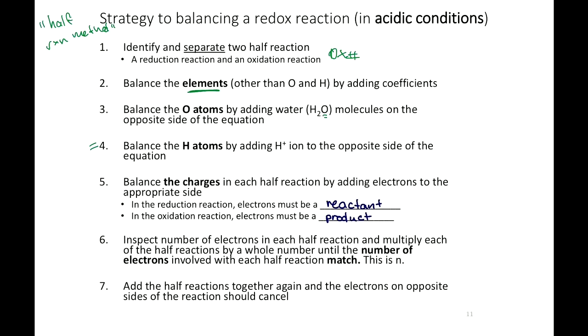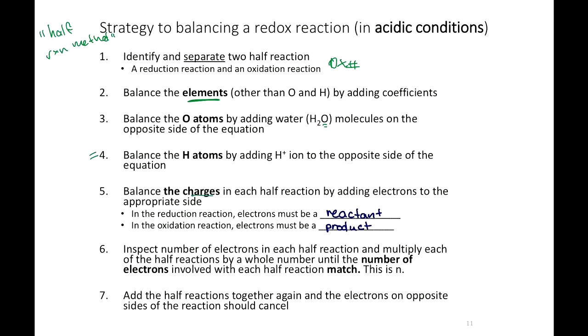But now, because we're talking about redox reactions, we need to balance charge as well. So this is kind of the hard part. You want to balance the charges on each half reaction by adding electrons to the appropriate side, so the charges on both sides of each half reaction are balanced, right? This is where you can spot check yourself to see if you've messed up or not.